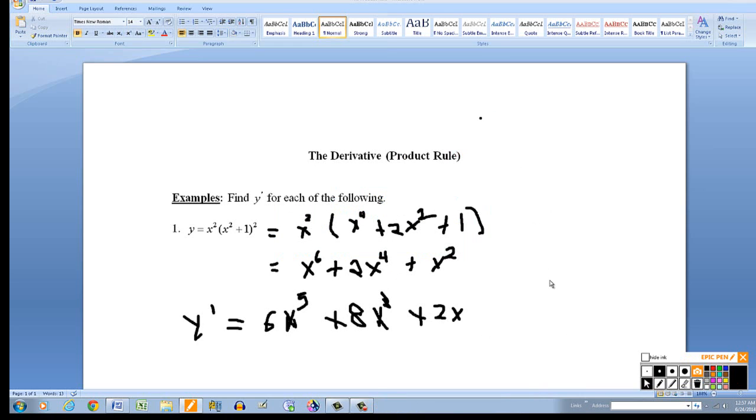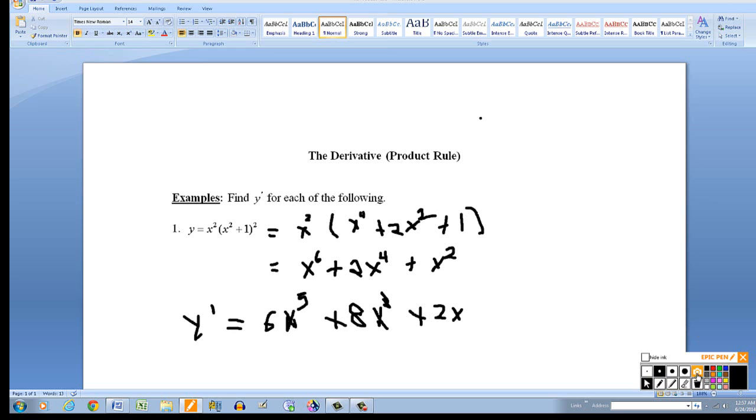Okay, so I don't have to use the product rule here, but keep in mind, had this been, instead of x squared plus 1 to the 2nd, say, for example, x squared plus 1 to the 10th, I wouldn't want to do this because it could get messy.